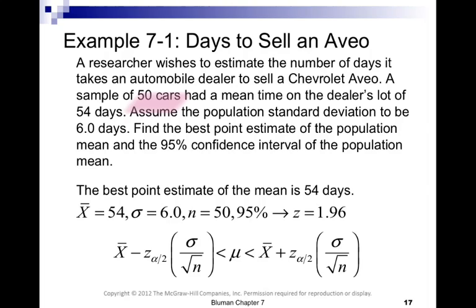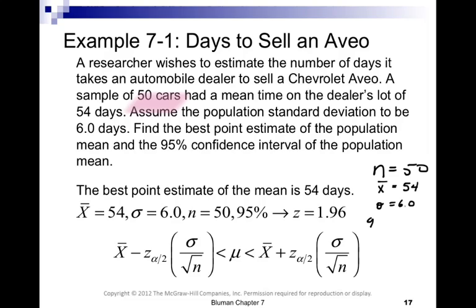So let's list off on the side what we've got. Our n is 50, the x bar is 54. The population standard deviation is 6, so sigma is 6.0. And we're looking for a 95% confidence interval.